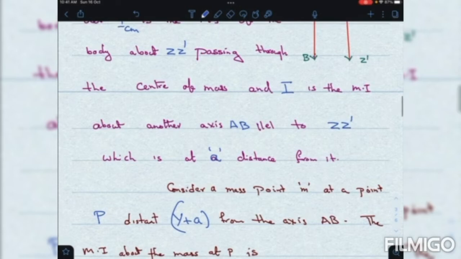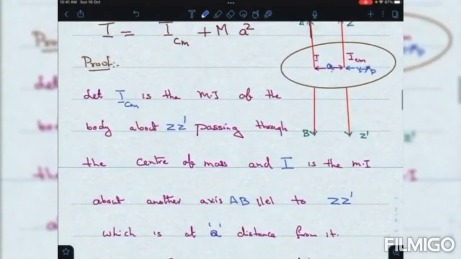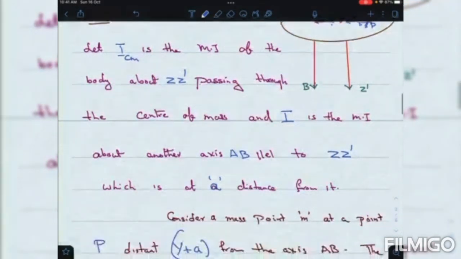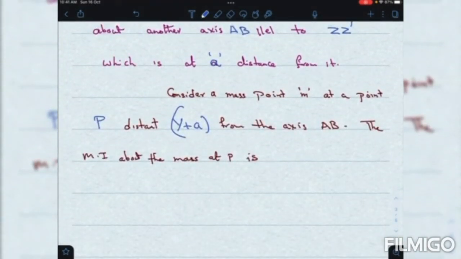Now we have to calculate the moment of inertia about the mass at P. We know that from equation 1, moment of inertia is nothing but mass into square of the distance from the axis of rotation.